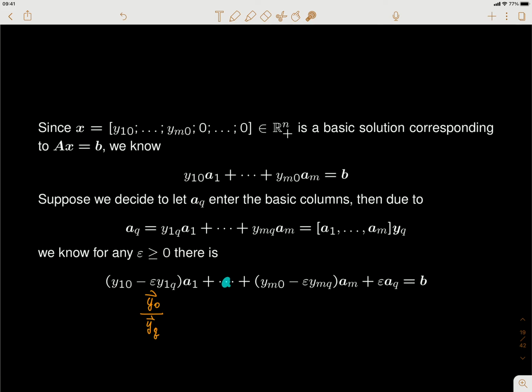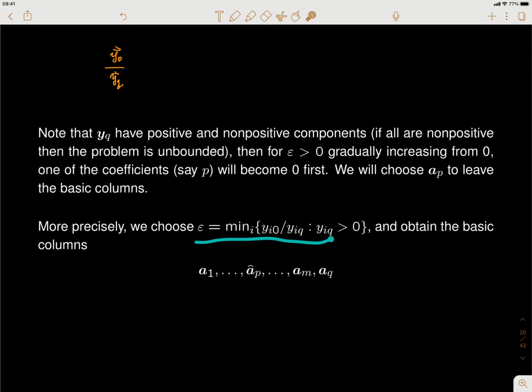So the coefficient of that will become 0 by choosing this specific epsilon. Then we're going to remove the AP from the original set of basic columns and replace it by the AQ vector. So this notation means A1 through AM, but with the hat on top of AP means that this one is removed, and the AQ will be replacing the original AP.